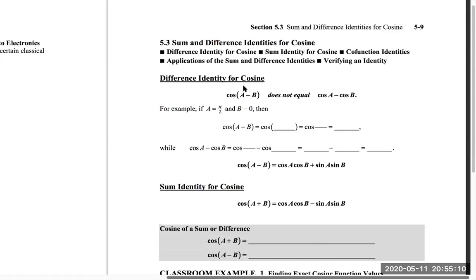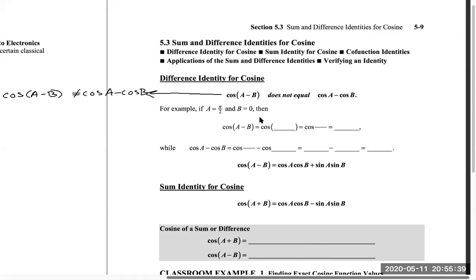So difference identity for cosine, you can actually find the proof of this in your book. I'm not going to go over it because it's kind of long and confusing. But essentially what I really want you to get from this, what this part is saying right here, cosine of A minus B as an argument is not the same as cosine A minus cosine B. Okay.